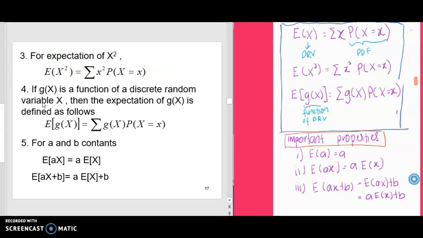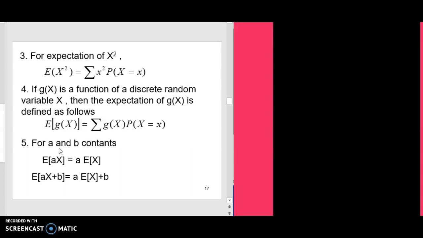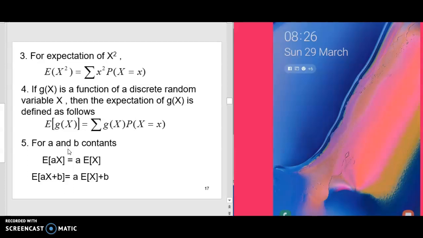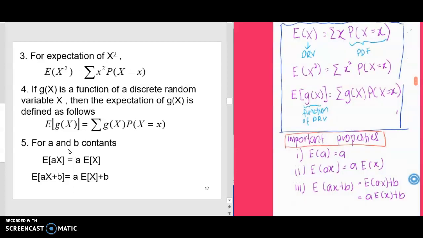And then number 4. If g(x) is a function of a discrete random variable x, macam ni bentuk dia. Then number 5, E(ax) we can write as aE(x), where a and b are constant. So for example, katakan a ni adalah 3.